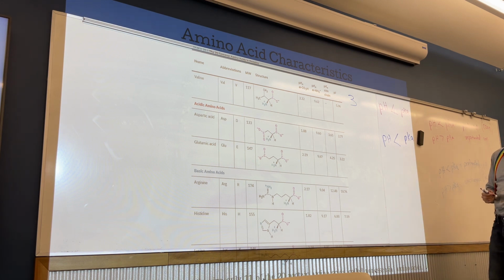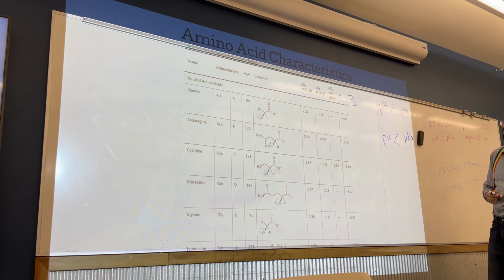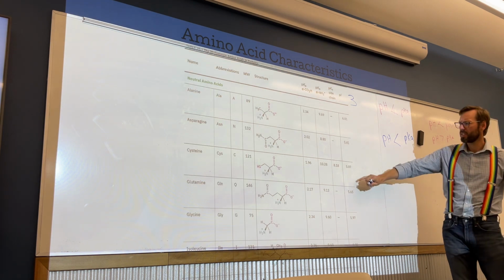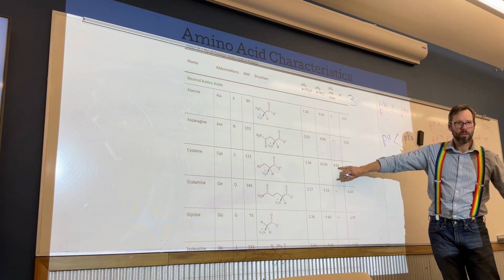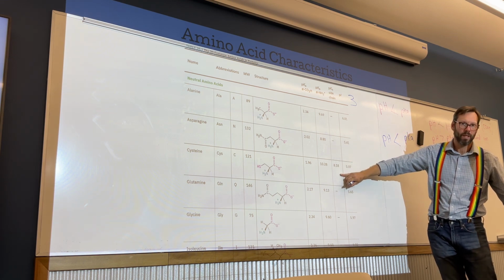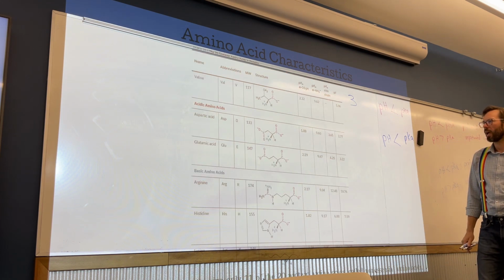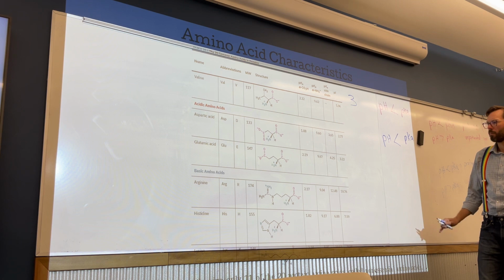Most of these sites don't have values. It's only the acidic and the basic ones. I think there might be, yeah, cysteine, because it has a sulfur, that sulfur is going to contribute to its own pKa value. But yeah, good catch there.